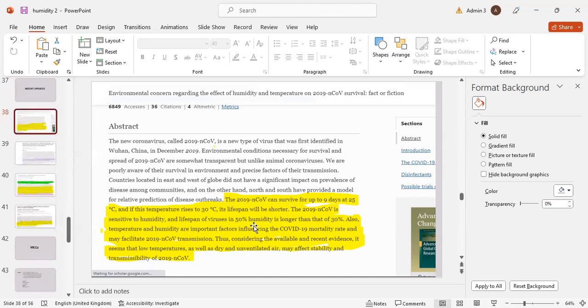COVID-19 is sensitive to humidity, and the lifespan of viruses at 50% humidity is longer than at 30%. Also, temperature and humidity are important factors influencing the COVID-19 mortality rate and may facilitate COVID-19 transmission. Thus, considering the available and recent evidence, it seems that low temperature as well as dry and unventilated air may affect stability and transmission of COVID-19.